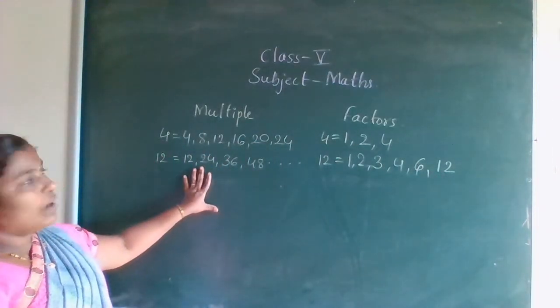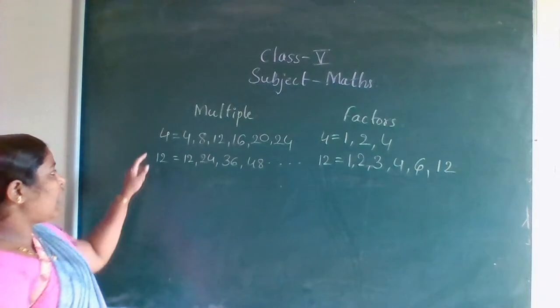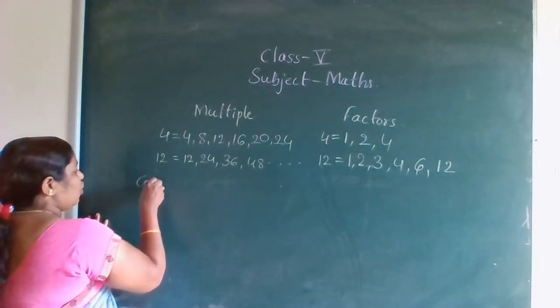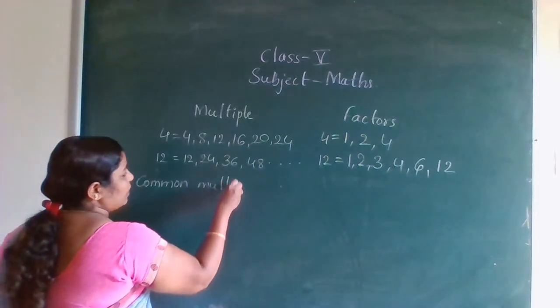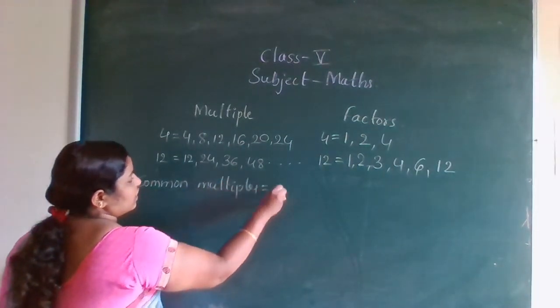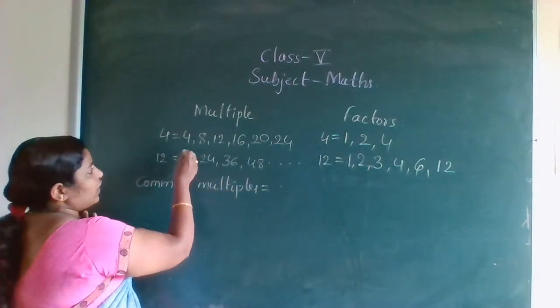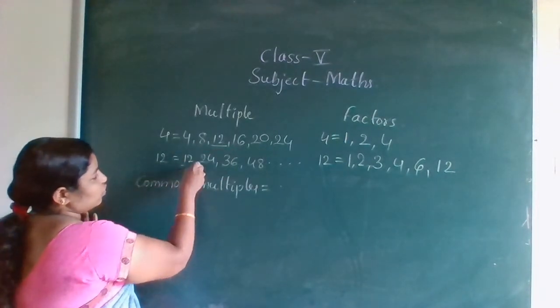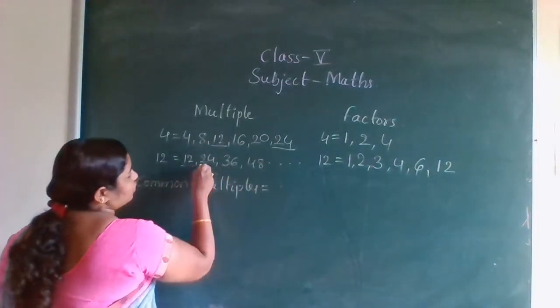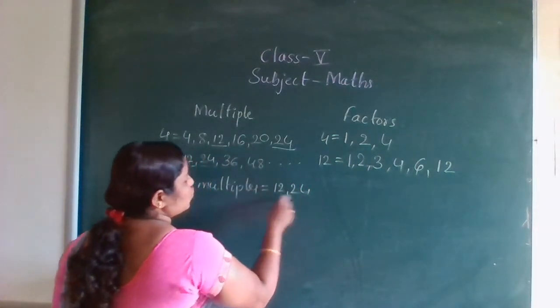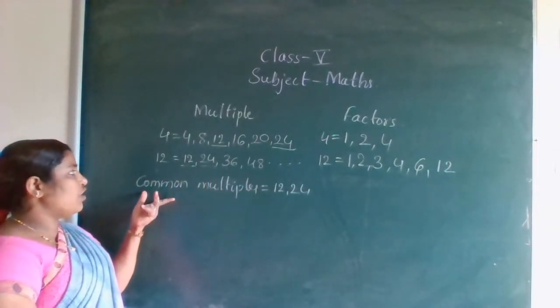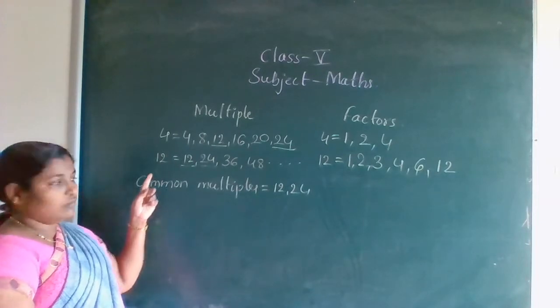Find the common multiples of 4 and 12. What are the common ones here? 12, 12, 24, 24. So that we should write. These two are common multiples of 4 and 12.